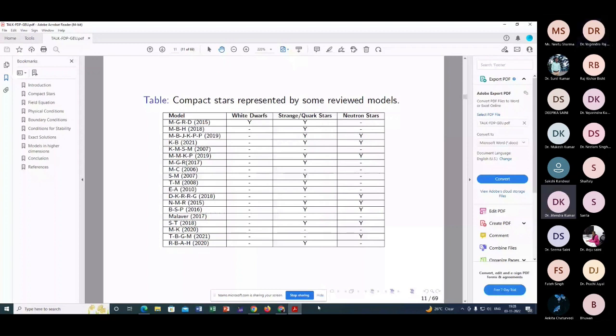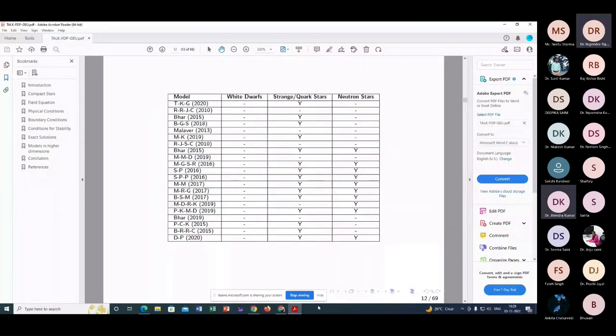All these are compact stars, but we categorize them as white dwarfs, strange stars, or neutron stars. Here we have some examples. Apart from these models, we also have many other models. Here I have shown only a few models that are capable of representing these stars.